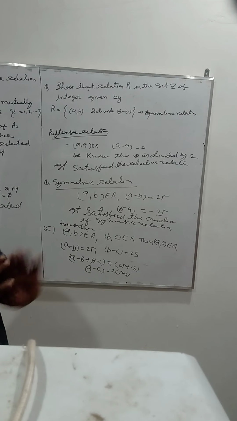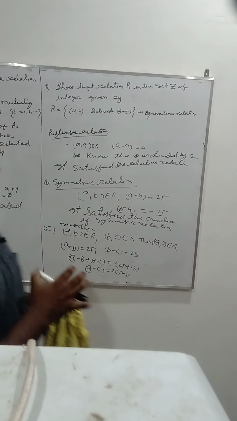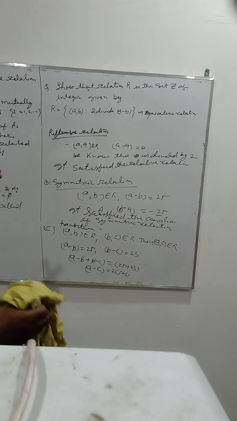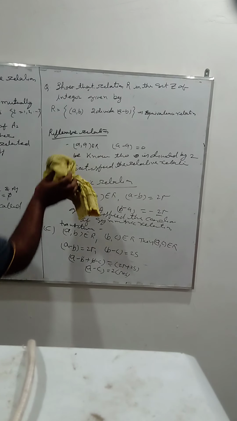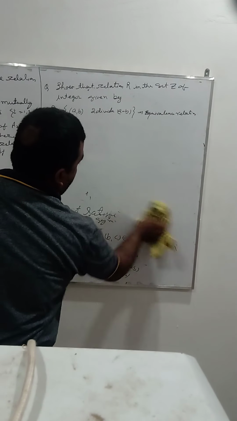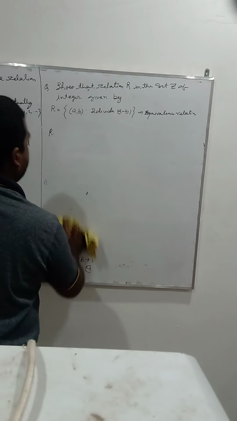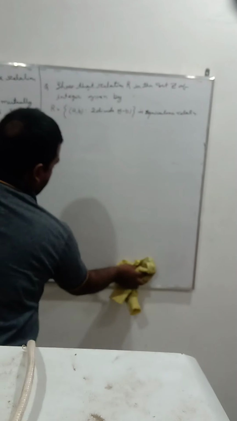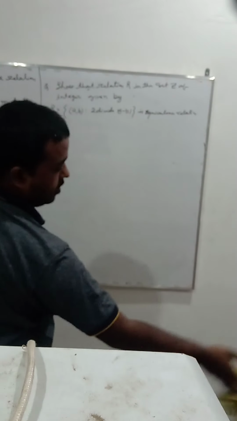We are able to prove up to this level that this is an equivalence relation. Now we have to do something in this set.